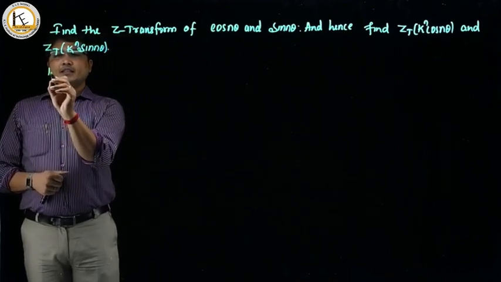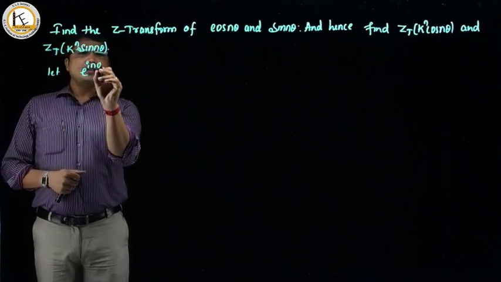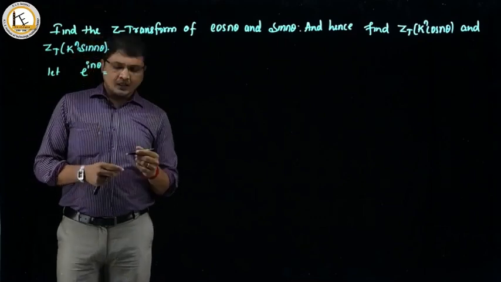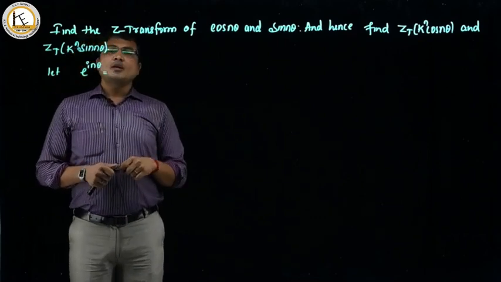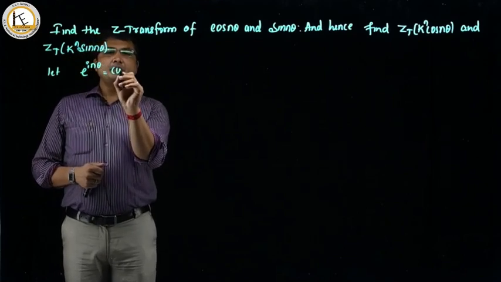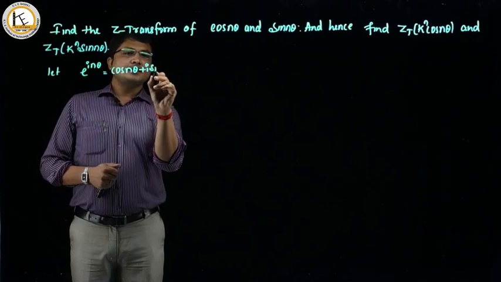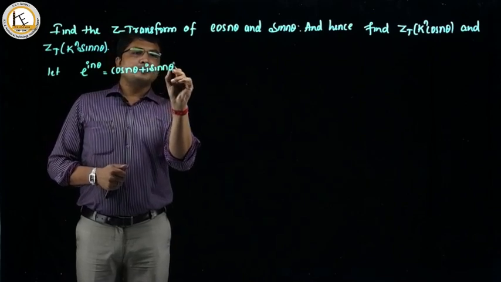Let me take e raised to i n theta, and since we know that e raised to i n theta is nothing but cos n theta plus i sin n theta.